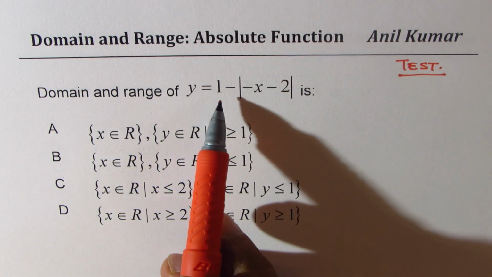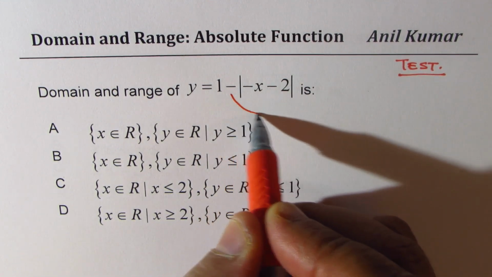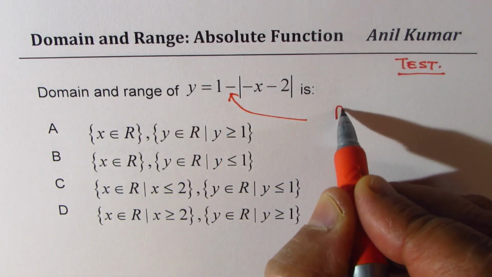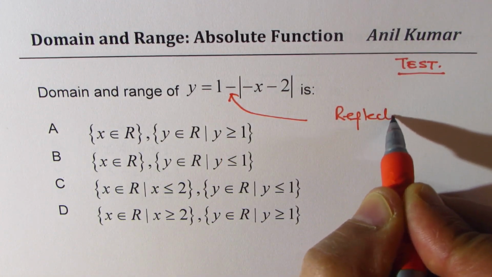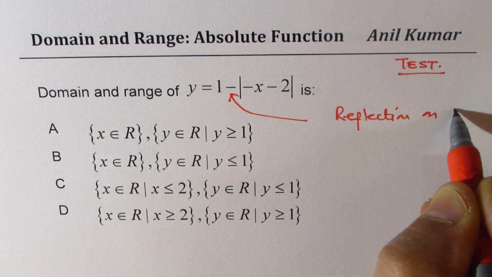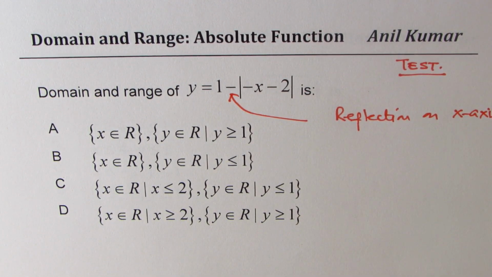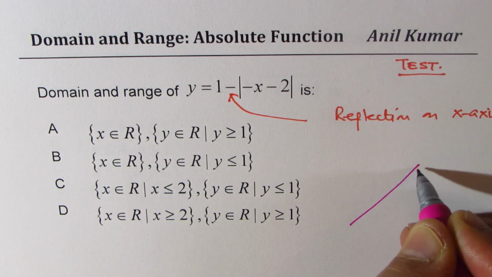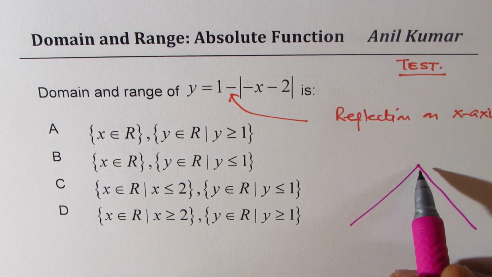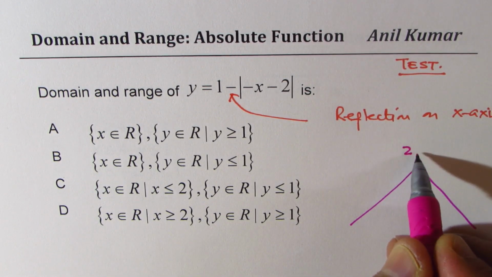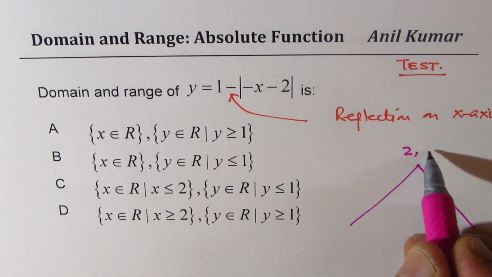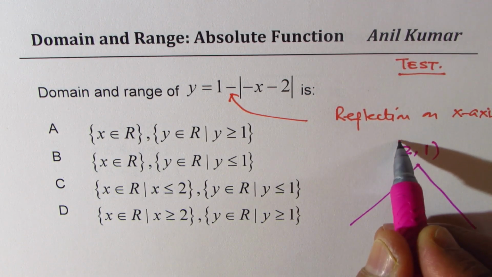Okay, so what we are given here is this minus means reflection on x-axis. So if you sketch a graph, your function has to go down, right, somewhere like this. This vertex will be at x equals 2 and the y value is going to be 1, correct?